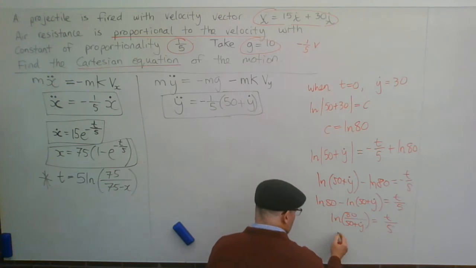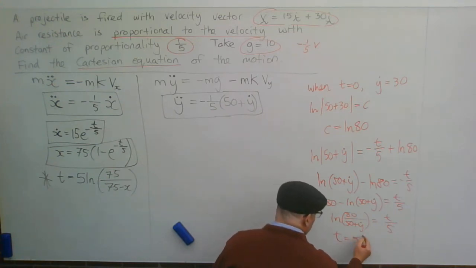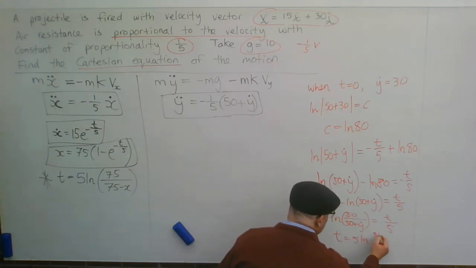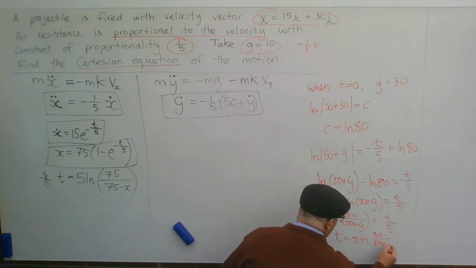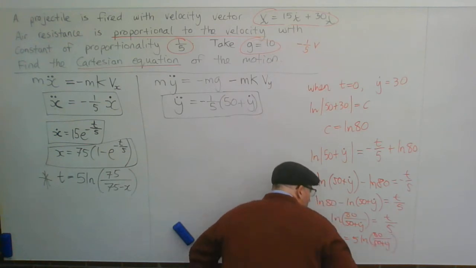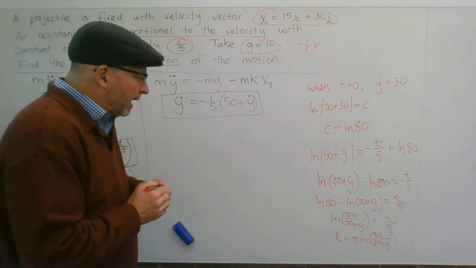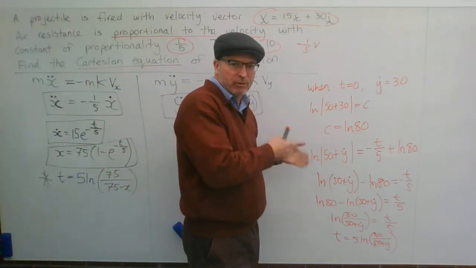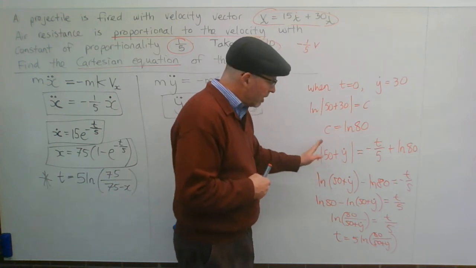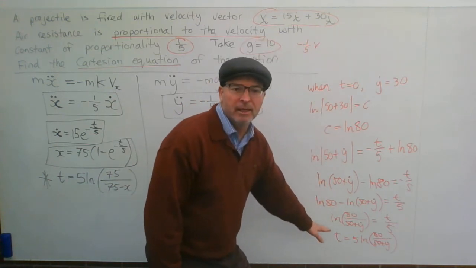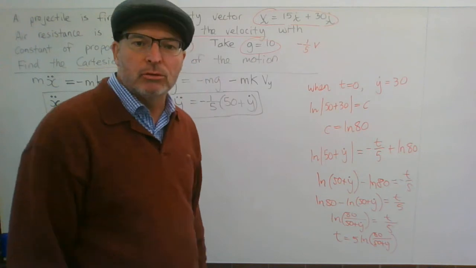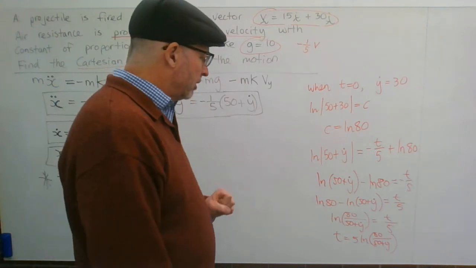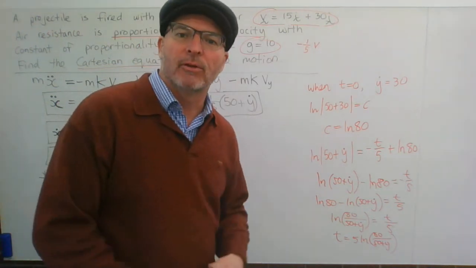So t equals 5 times the natural log of 80 on 50 plus y dot. So assuming I'm allowed to just take the positive, t is 5 times the natural log of 80 on 50 plus y dot, the vertical velocity.